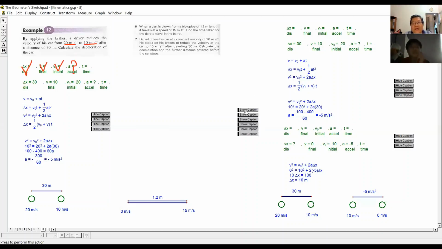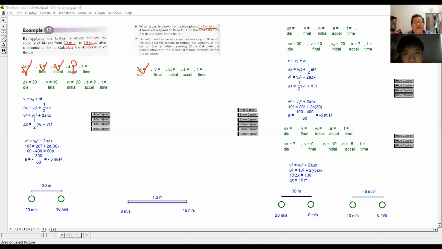So we try to check what is given. Is displacement given or not? When a dart is blown from a blowpipe of 1.2 meter length, displacement is given. It travels at a speed of 15.